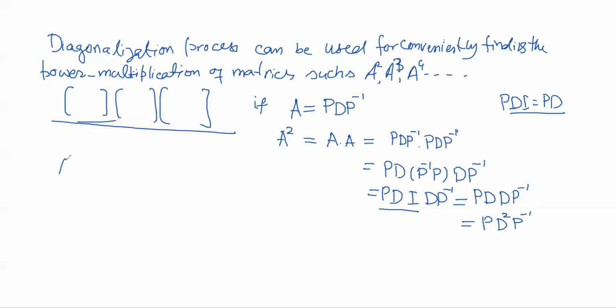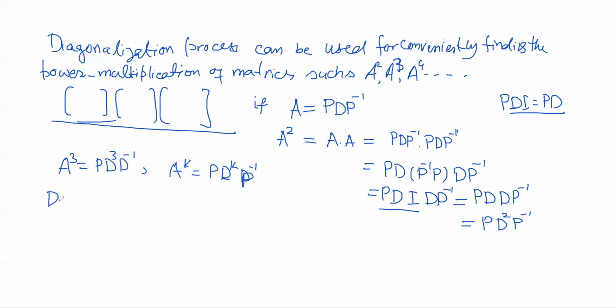Similarly, by this method, A cube will be equal to P D cube P inverse, and for any value K, A power K will be equal to P D power K P inverse. The advantage is that D square, D cube and D power K can be found very easily.